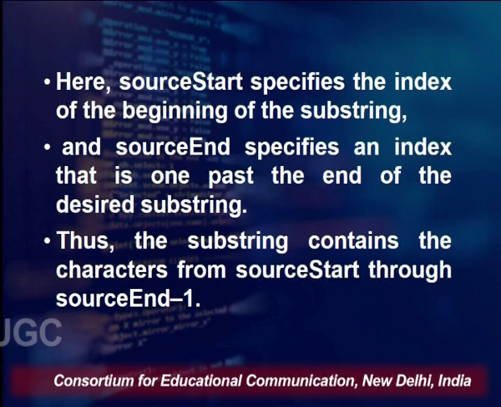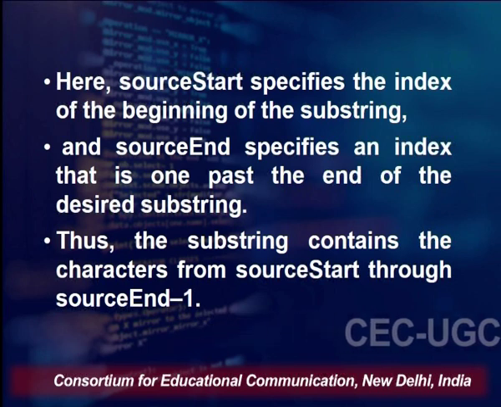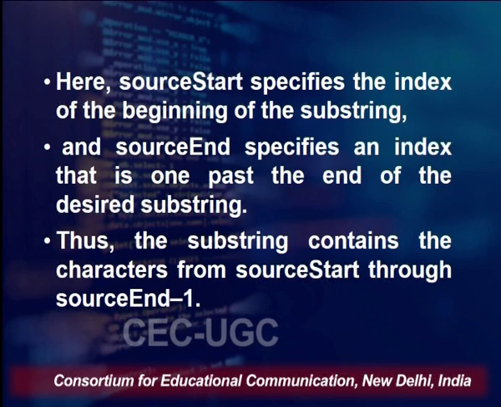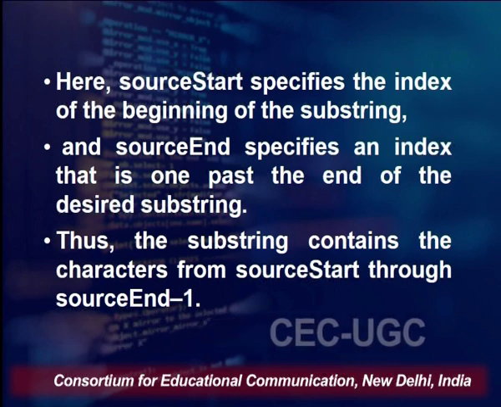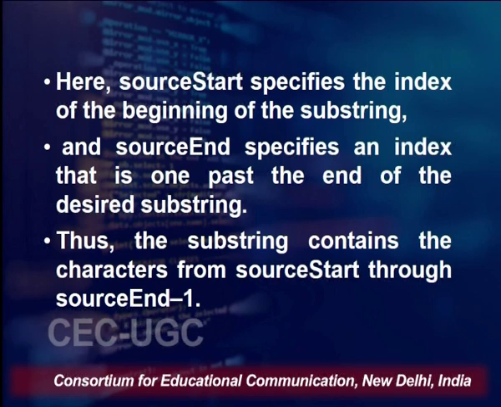Why I am saying one past, I will let you know in a while. Thus, the substring contains the characters from sourceStart through sourceEnd -1, because sourceEnd specifies an index that is one past the end of the desired substring. This will become very clear with the help of the example.